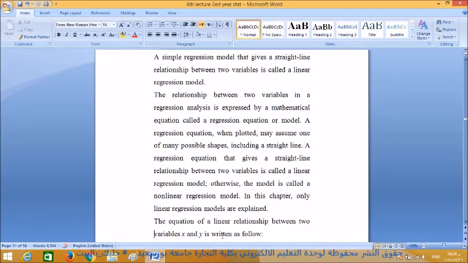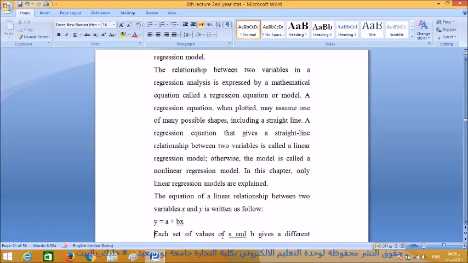The equation of a linear relationship between two variables x and y is written as follows. This is the equation of the simple linear regression model: y equals a plus bx. Y is the dependent variable, a is the constant, or it's called the y-intercept, the part cut off from the vertical axis.